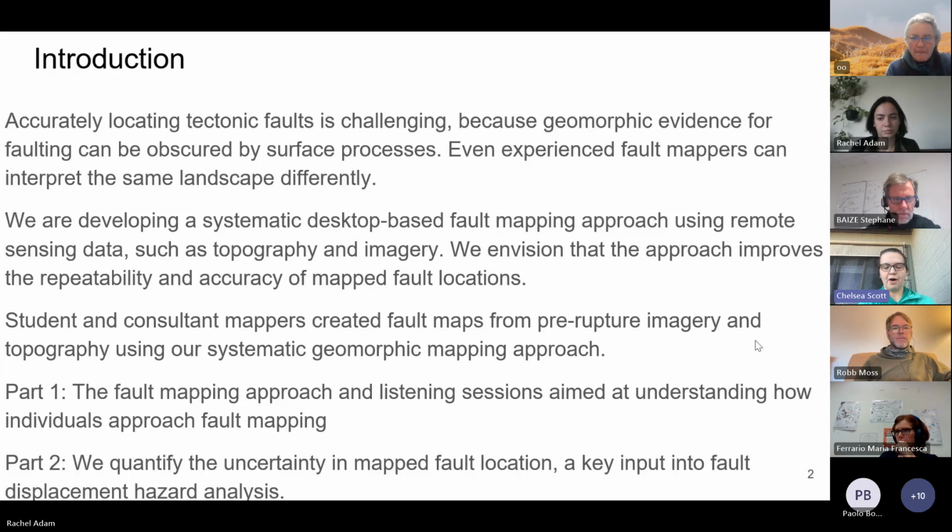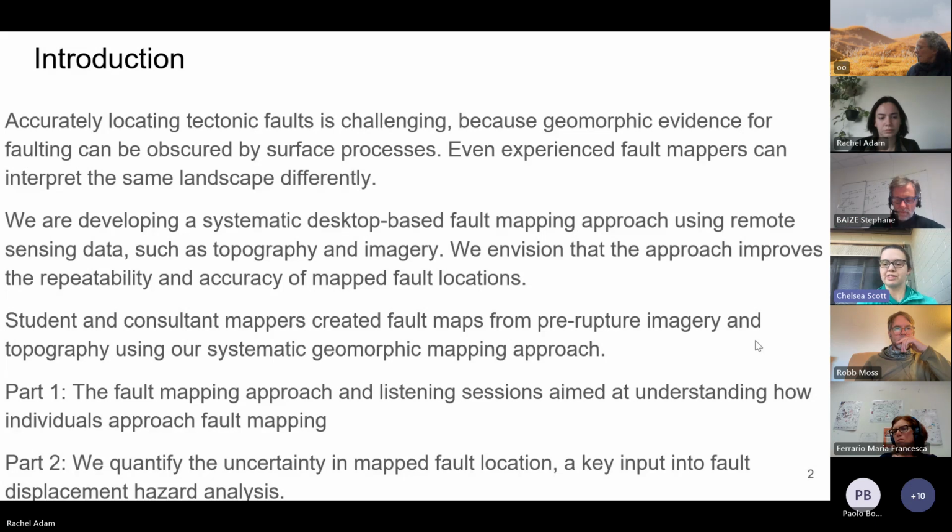So today our presentation will be in two parts, each about 20 minutes. And the first part will be given by Rachel, and she will be discussing this fault mapping approach, as well as some listening sessions that she's conducted aimed at understanding how individuals approach fault mapping.